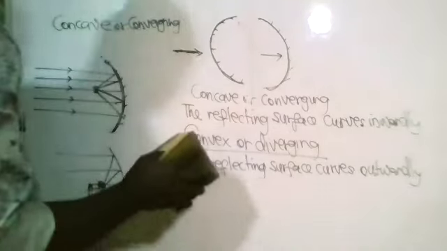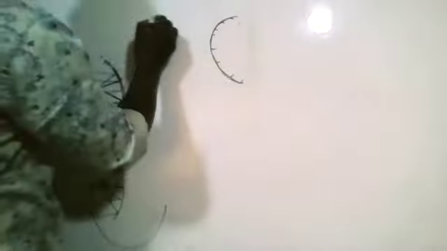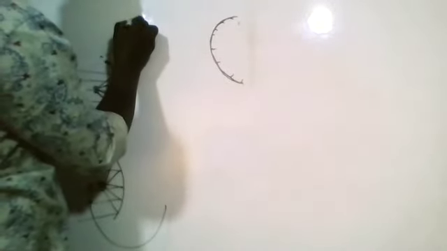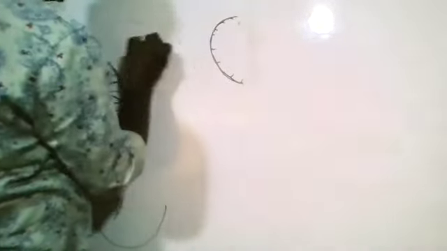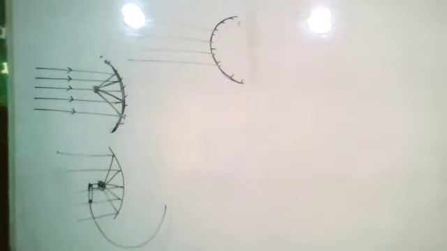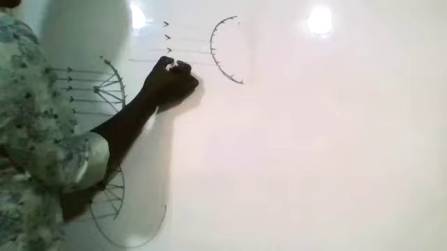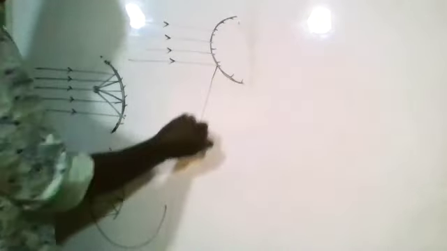Now, for a convex mirror, they are called divergent because this mirror is the type where all rays hitting the mirror in that parallel manner are diverged, or spread out. Once the parallel rays come to it, when they hit it, it diverges them.